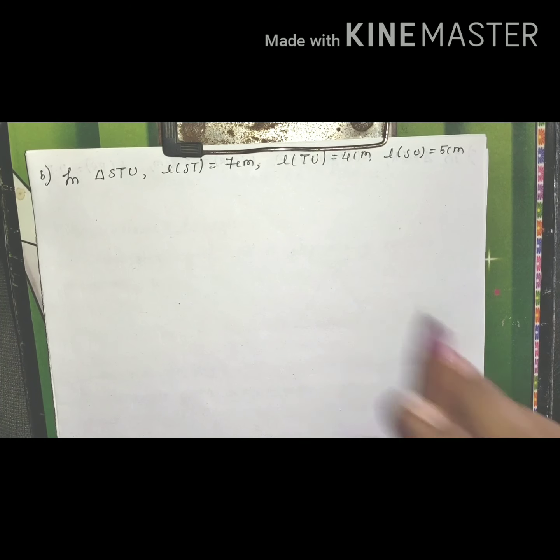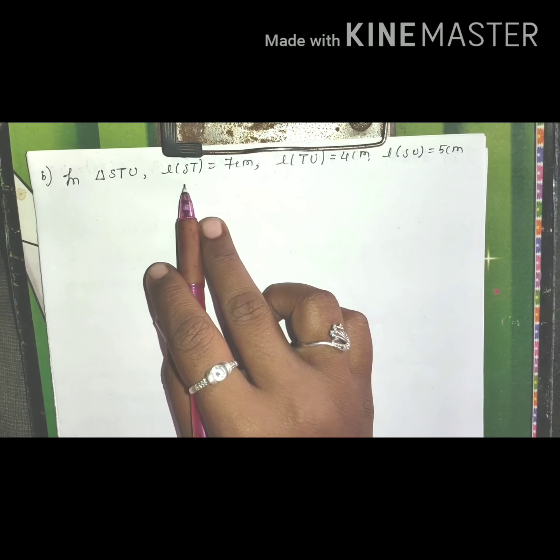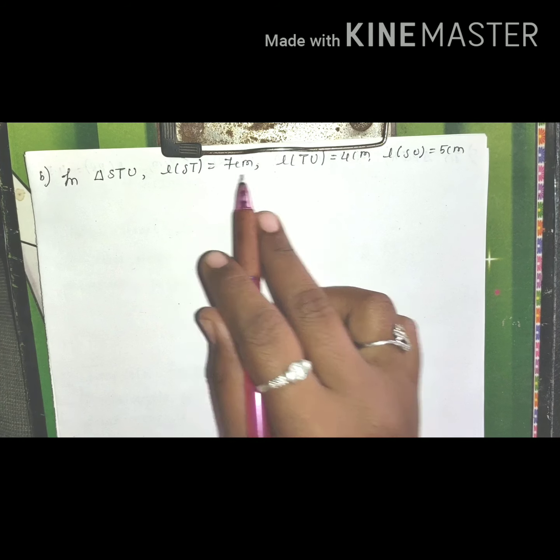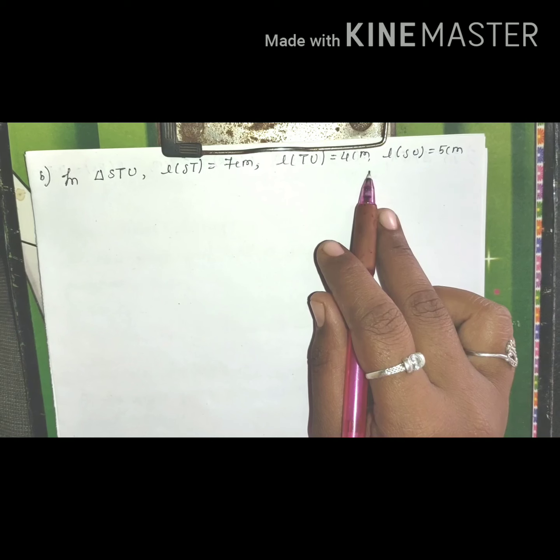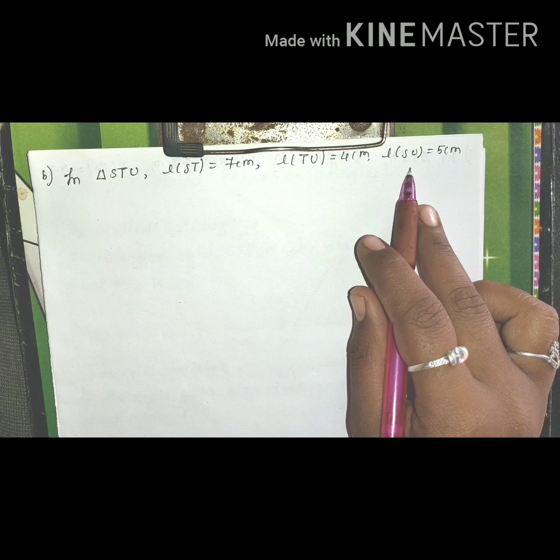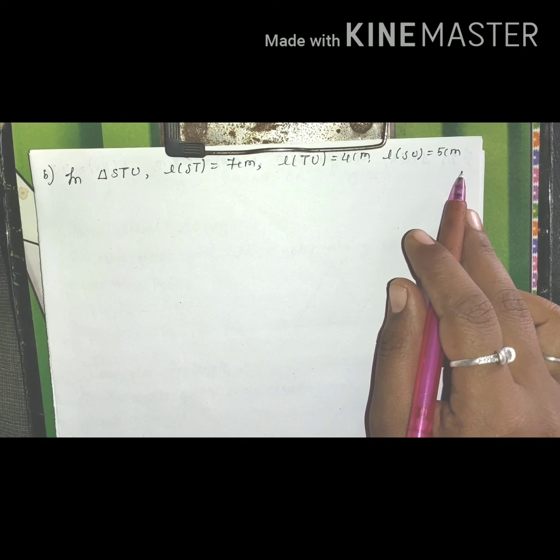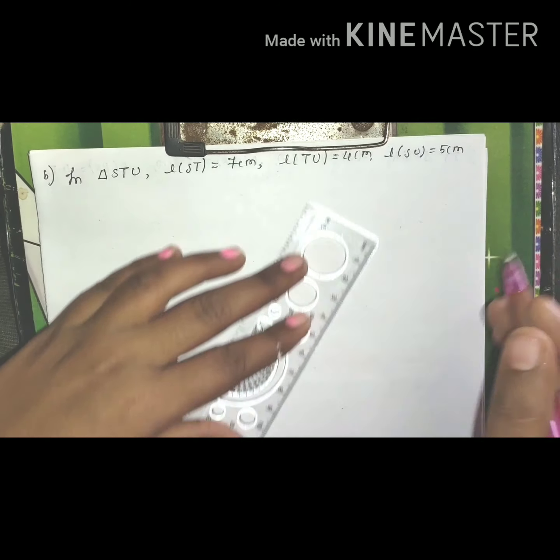Second example, in triangle STU, length ST is equal to 7 centimeter, length TU is equal to 4 centimeter, and length SU is equal to 5 centimeter. So first step, draw a rough figure.